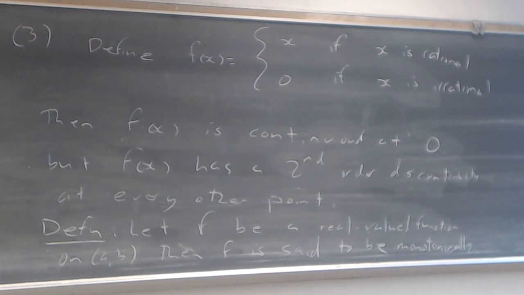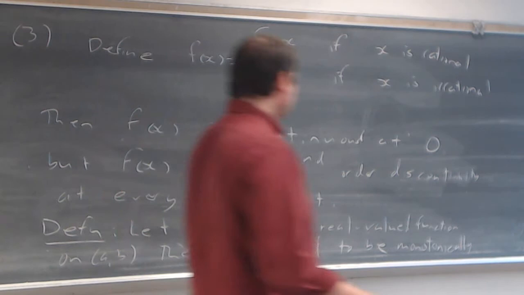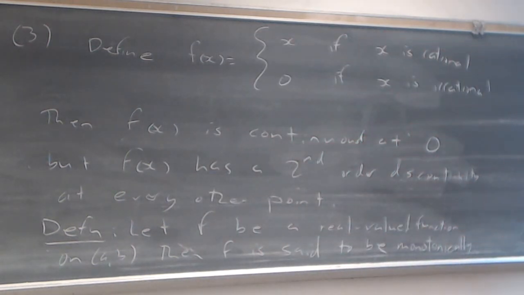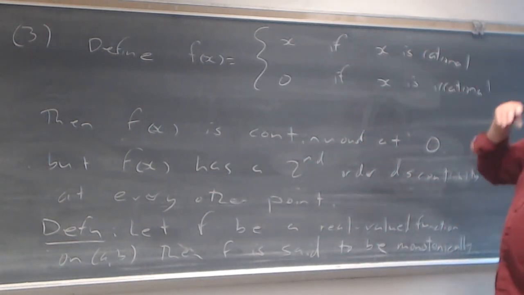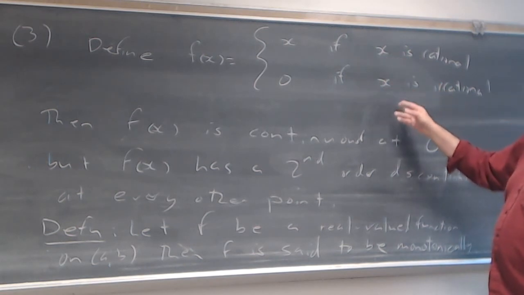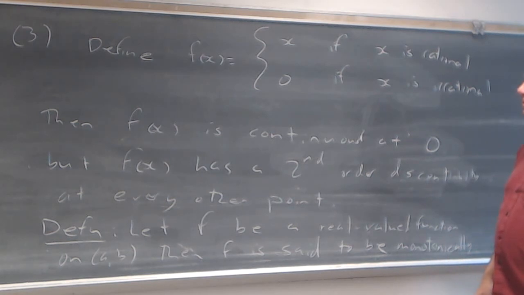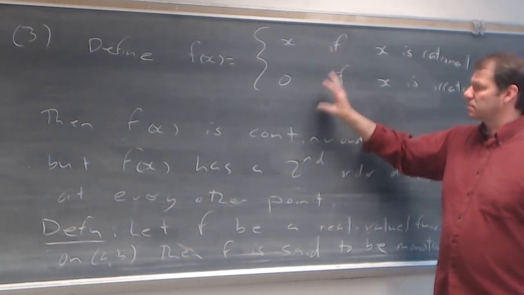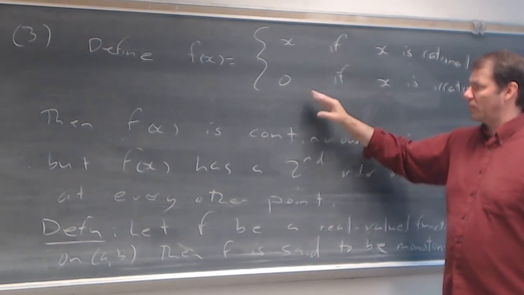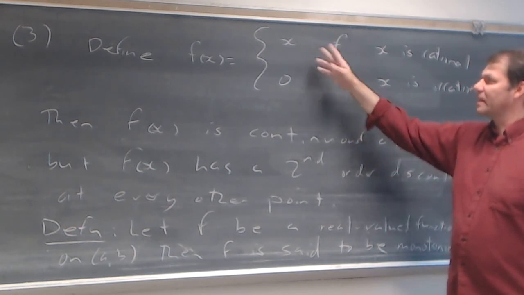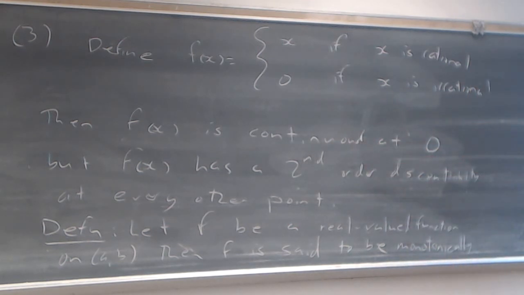Before I finish this definition, I want to stop for a second. You know why we have a second order discontinuity at every other point? It's because if you take either a rational or irrational point, you can get to it through a sequence of points that are all rational or all irrational, and that sequence will either be going to 0 or to the point we're going towards.